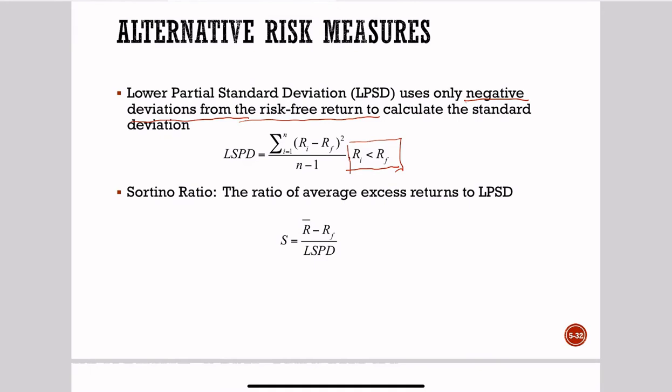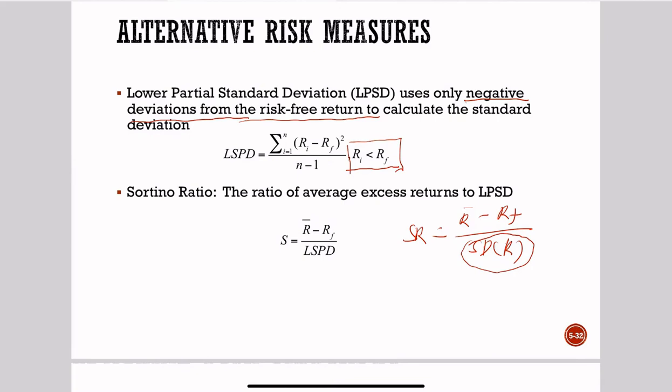And then based on the definition of lower partial standard deviation, we can define an alternative Sharpe ratio. Remember what the Sharpe ratio is, right? The Sharpe ratio is the average return minus the risk-free rate divided by the standard deviation of the return. But you can see that here we're using the full standard deviation, right?